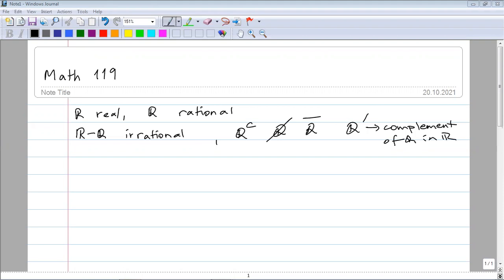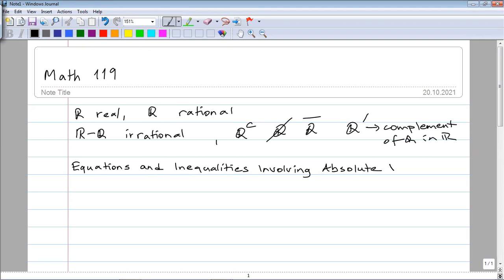Okay, and now I want to talk about how to solve equations and inequalities involving the absolute value. Again, this is going to be standard. We will keep using these inequalities and equations in the course, so it is good to set it up in the beginning.